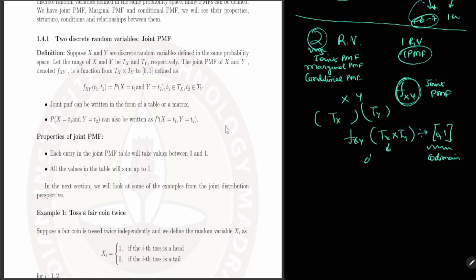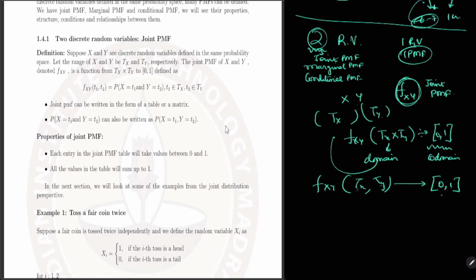This fxy can take any value which belongs to Tx and Ty, but the range, or codomain, of that function is 0 to 1.